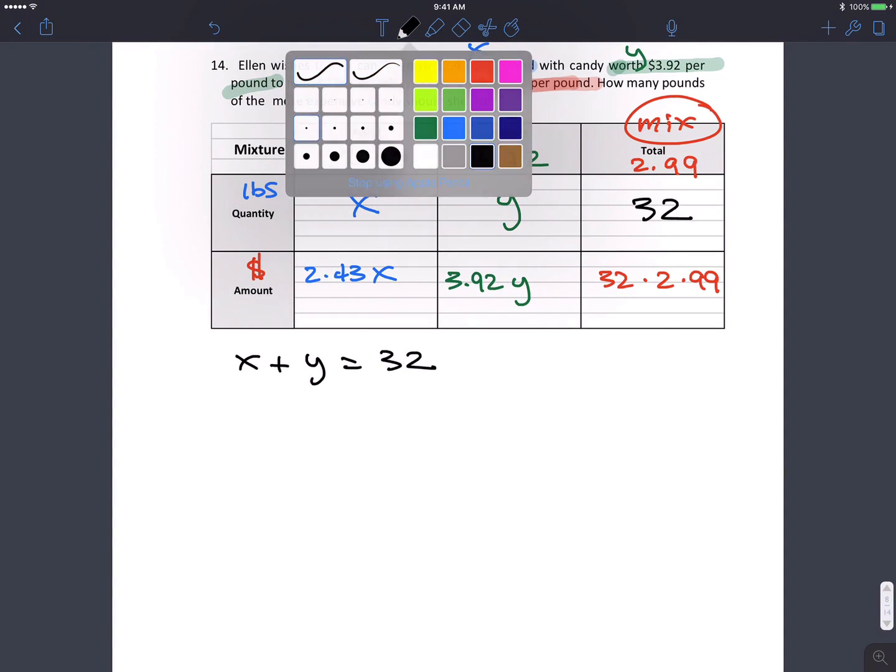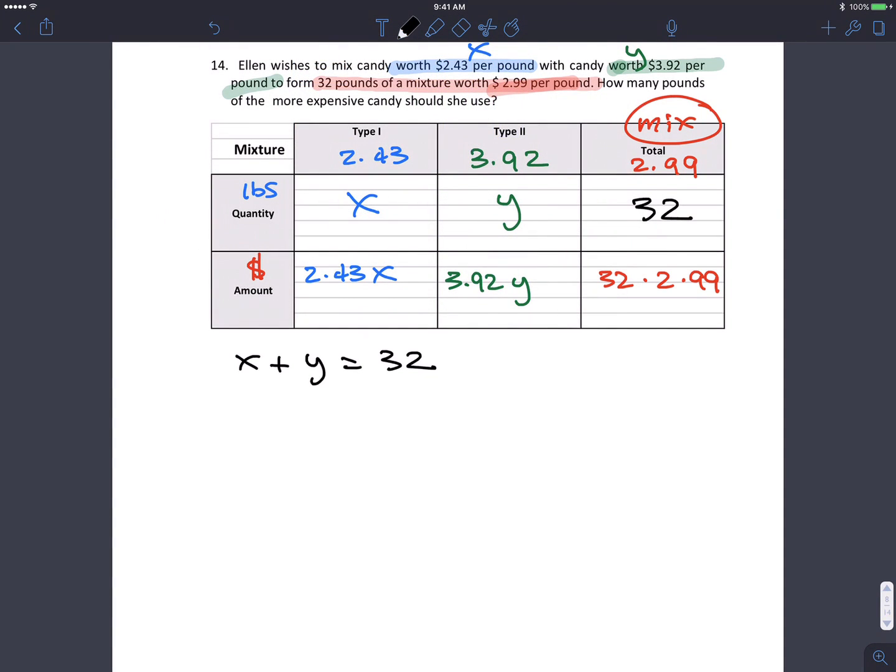We're going to have to find out what 32 times 2.99 is. So 32 times 2.99 is 95.68. So my second equation is 2.43x plus 3.92y will be 95.68.